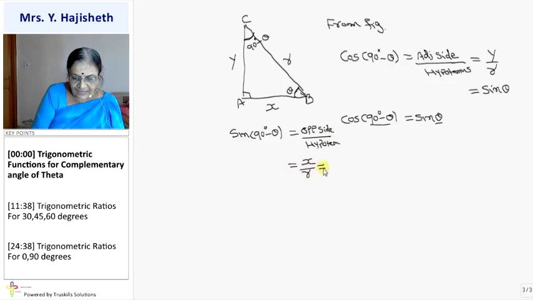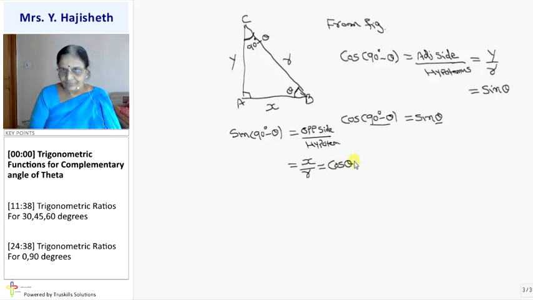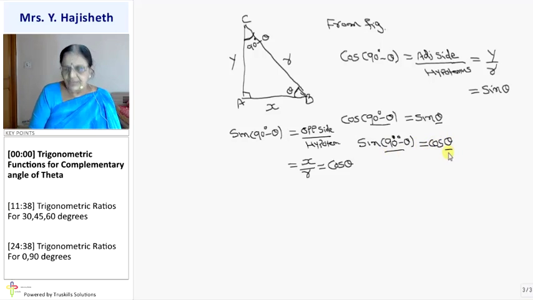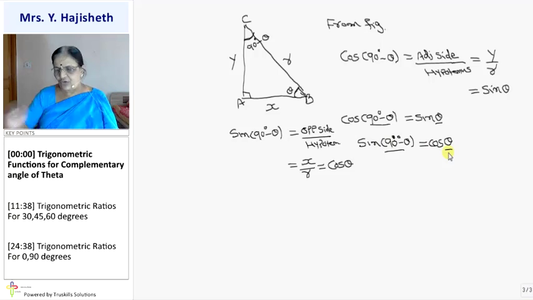And my x is nothing but the adjacent side of theta. So x by r is cos theta, which we defined just now. So I got another result, sin 90 minus theta is cos theta. Again, when two angles are complementary, sine of one angle is cos of another angle, cos of one angle is sine of another angle.